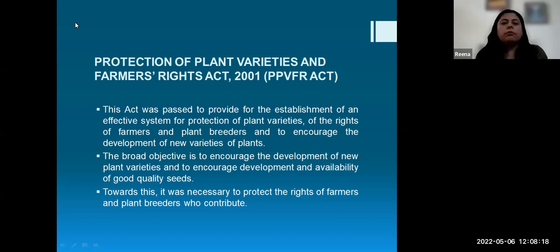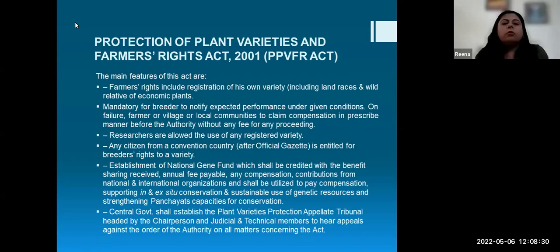The broad objective is to encourage development of any new plant variety and availability of good quality seeds. But it also ensures that the farmers' rights are not hampered, and it is mandatory for every breeder to notify the expected performance.